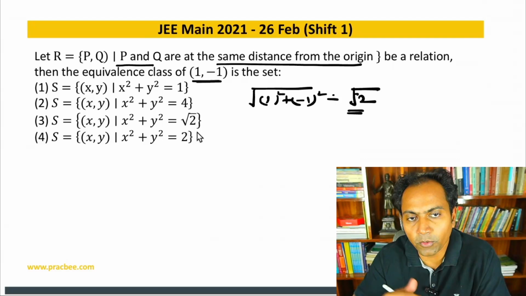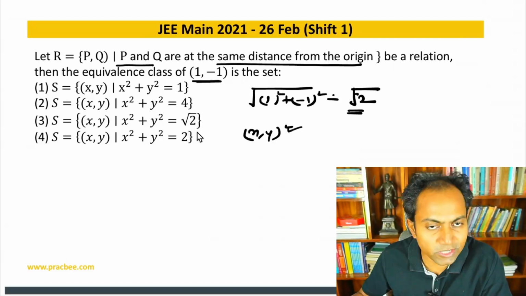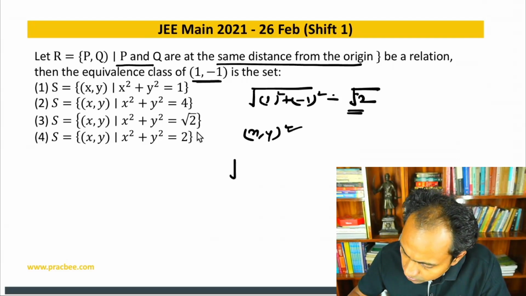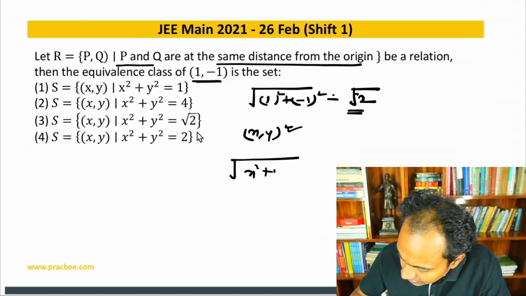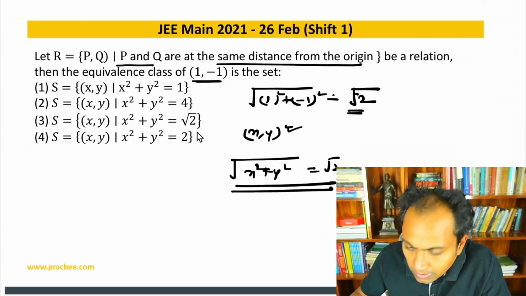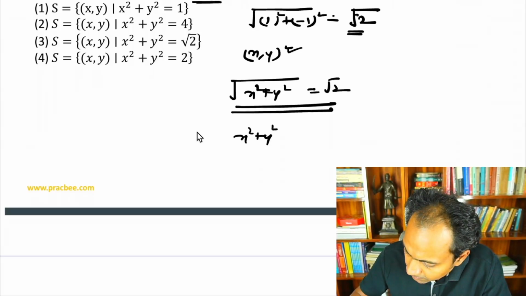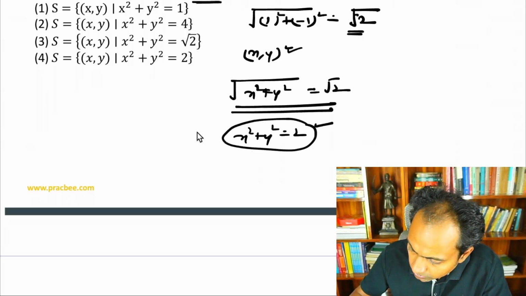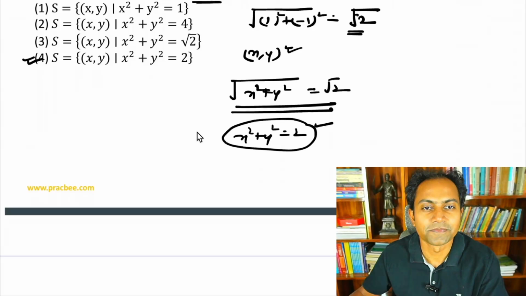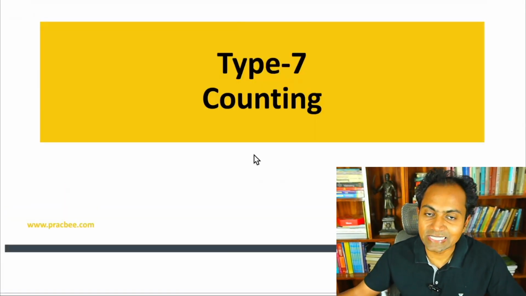So if I take a point (x, y) that is of the same class, it should also satisfy this relationship. So the distance from the origin, that is root of x square plus y square, should also be equal to root 2. And hence, if I simplify this, x square plus y square should be equal to 2. That becomes option 4.